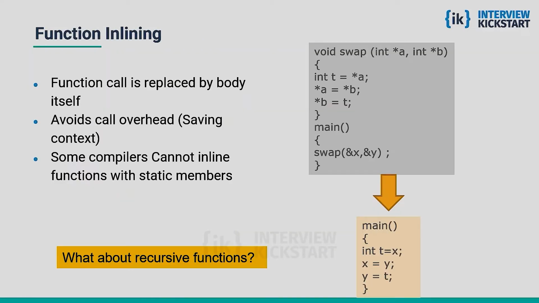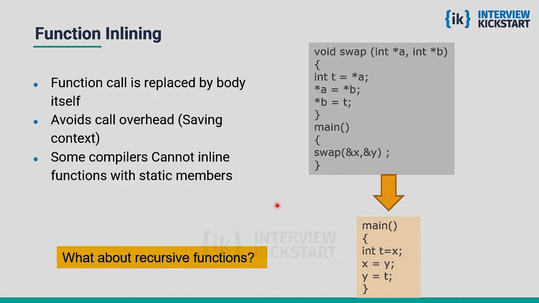The next optimization technique is called function inlining. The idea is to replace a function call with the body of the function itself, just like a macro does at the preprocessor stage. Now, there are two implications.